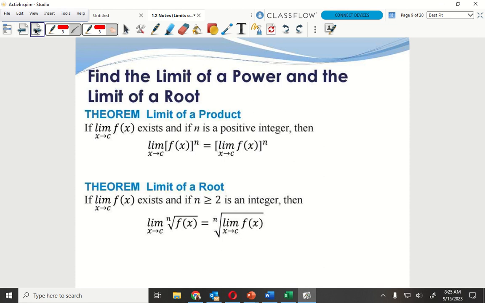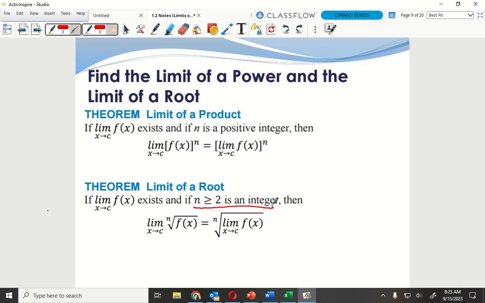I don't know why I can't talk today. Anyway, it is just going to be the same thing as raising the whole thing to that exponent. Now, for this one right here, if the limit exists of a root, now, for the root to exist, it has to be greater than 2, and n is going to be important.